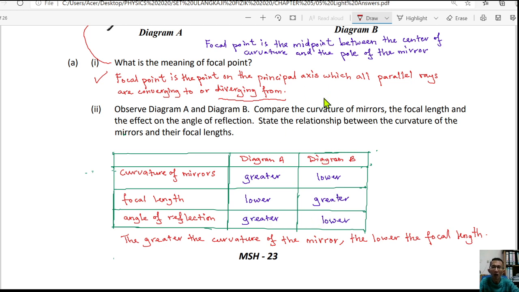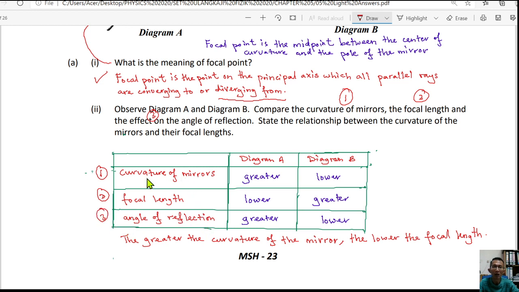So what are we to compare? First is the curvature of the mirror, second the focal length, and then third the effect on the angle of reflection. You see here, first the curvature, second the focal length, and then third angle of reflection.